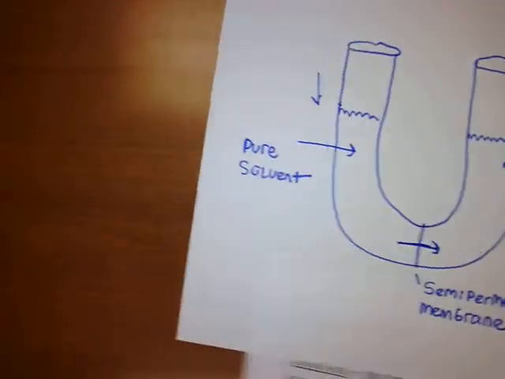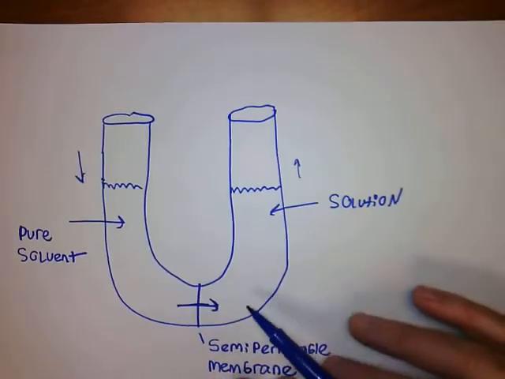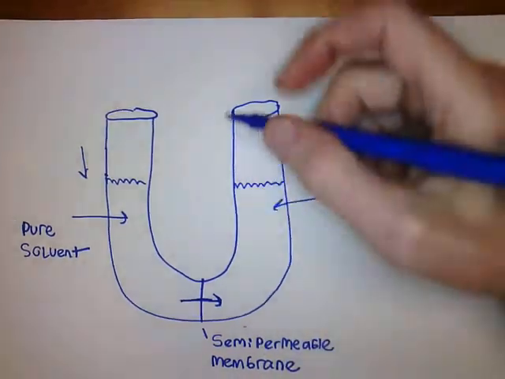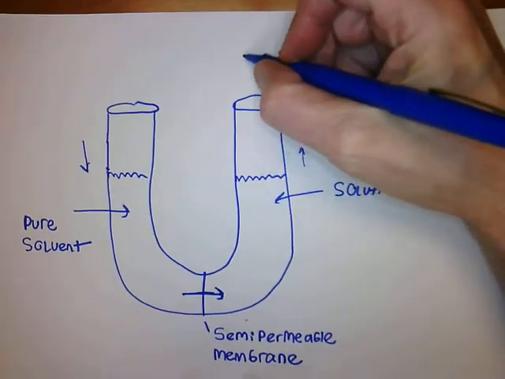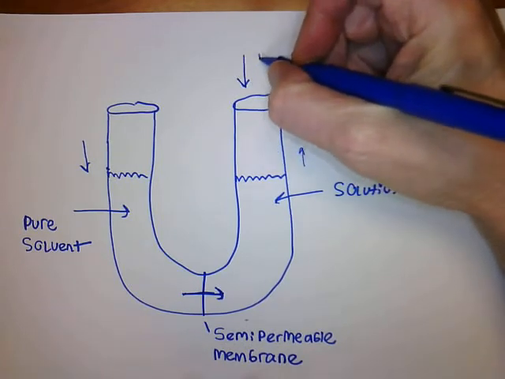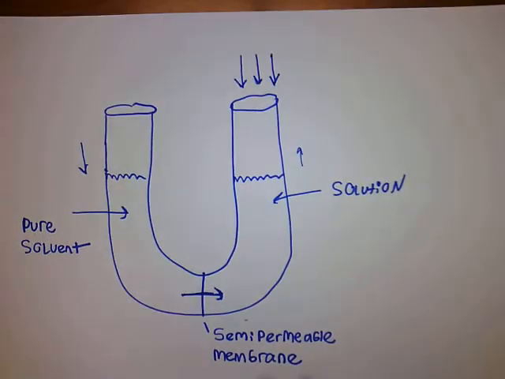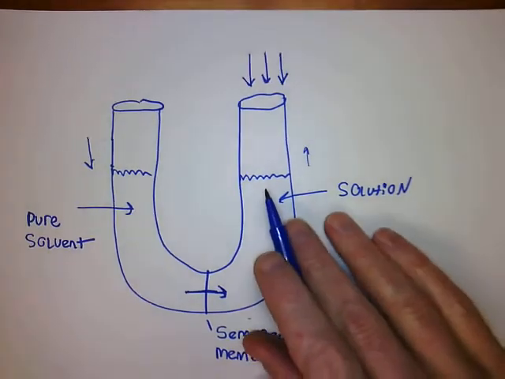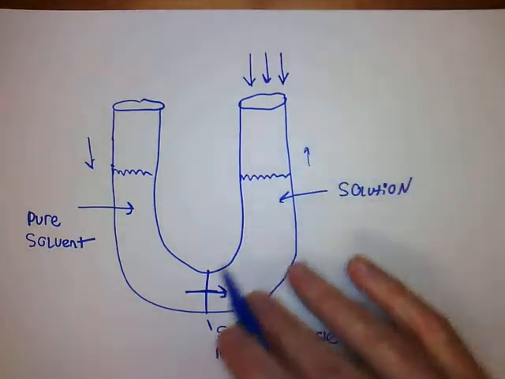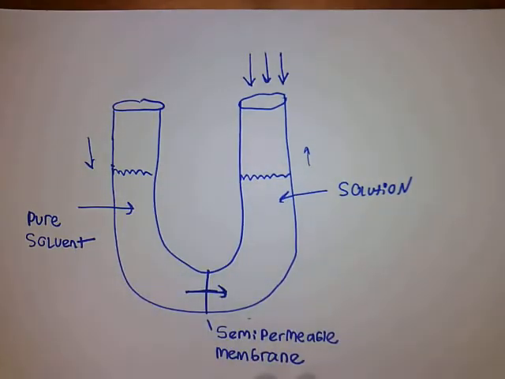All right, so let's go back to this. We can stop this from happening if we apply a pressure to this side. Okay, and that's what osmotic pressure would be, the pressure necessary to prevent this from happening.